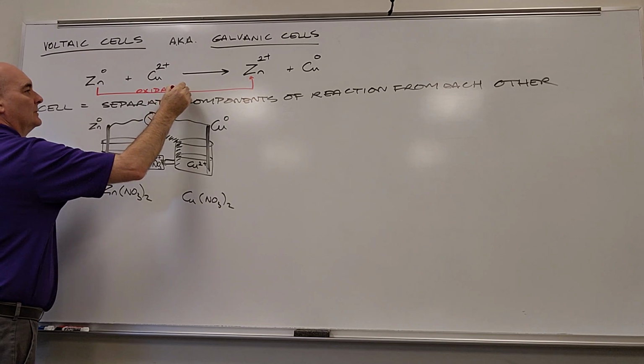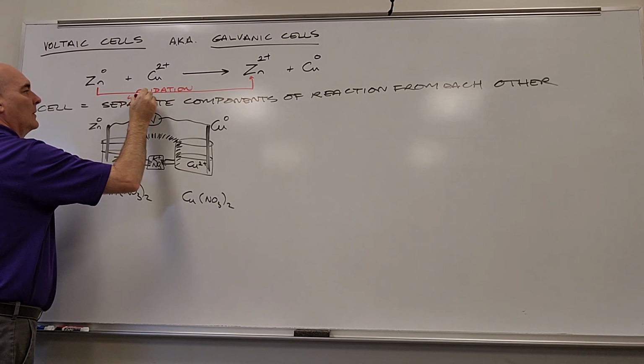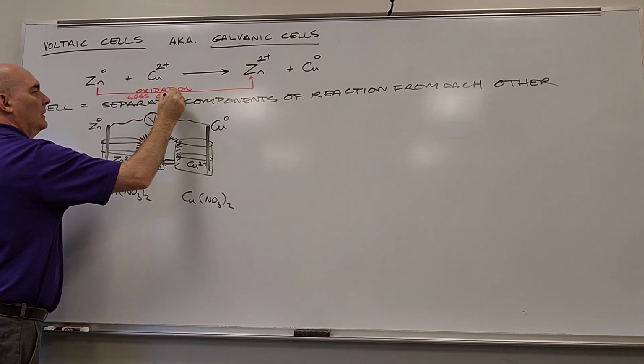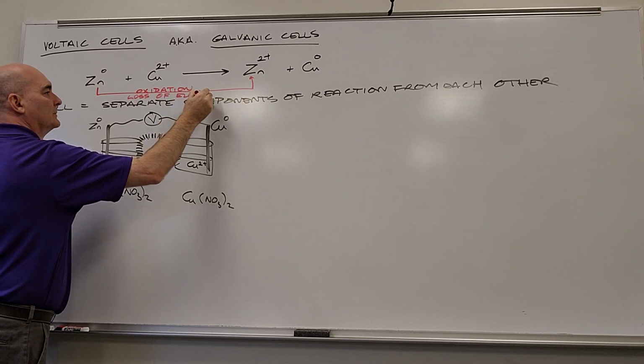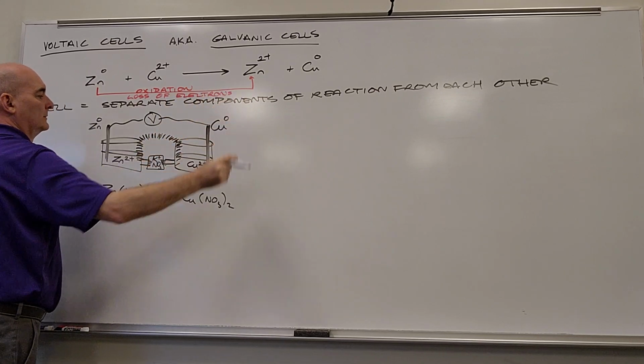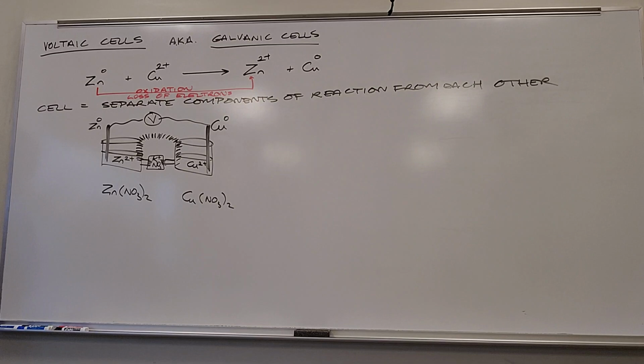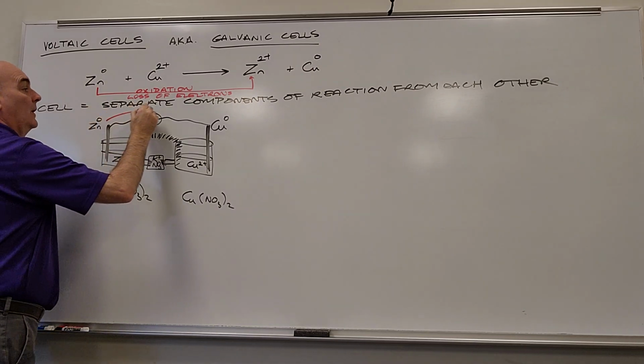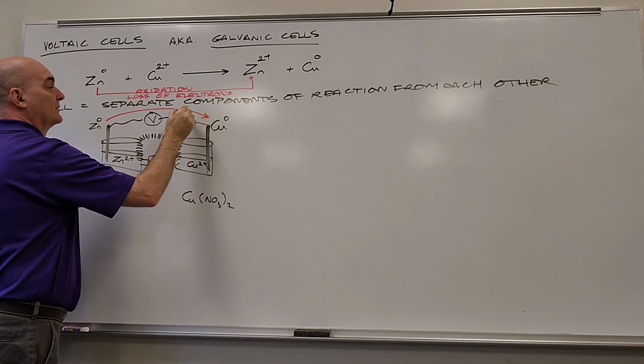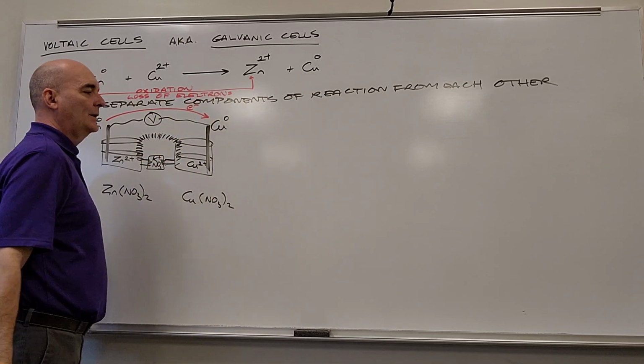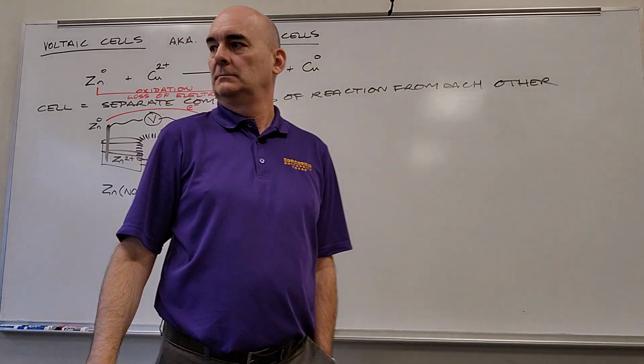And oxidation is loss of electrons. So the zinc metal loses its electrons, and those electrons flow this way. What's the flow of electrons called? Current.